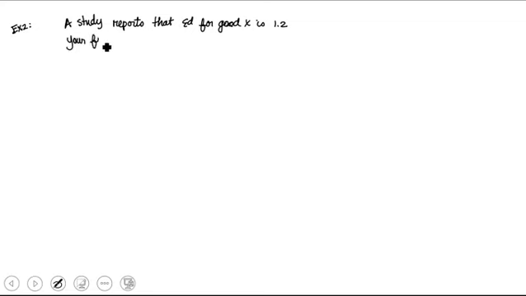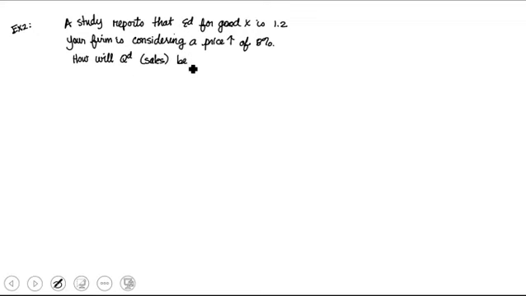Your firm is considering a price increase of 8%. How will quantity demanded, in other words, your sales, be impacted?